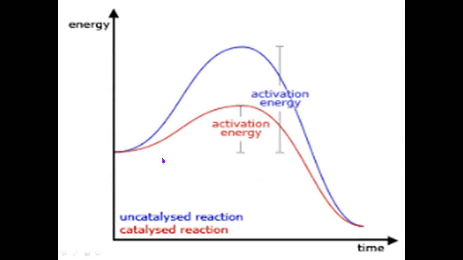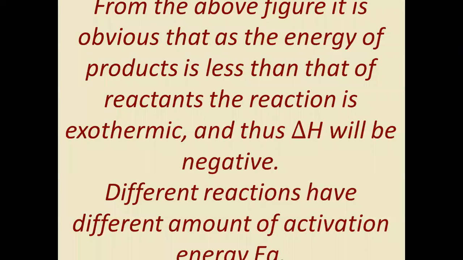sometimes you know that a catalyst is added to the reaction, which lowers the activation energy and makes the reaction faster, or it increases the rate of reaction in this way by decreasing the energy of activation. From the above figure, it is obvious that as the energy of product is less than that of reactants, the reaction is exothermic.